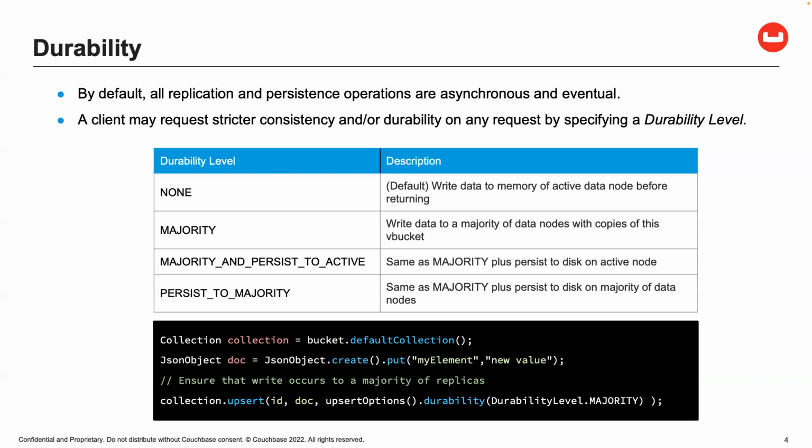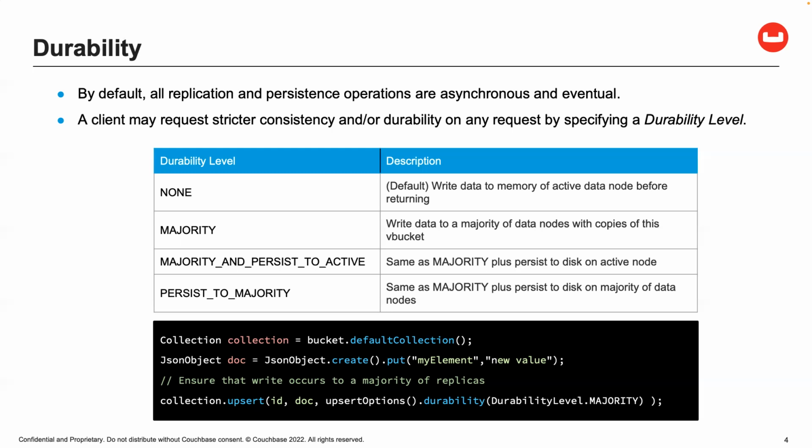It may not matter that it's been persisted to multiple levels before you want a success back, because each level requires a little bit more time on the microsecond, millisecond level. So it's something to only use when your use case really requires it.